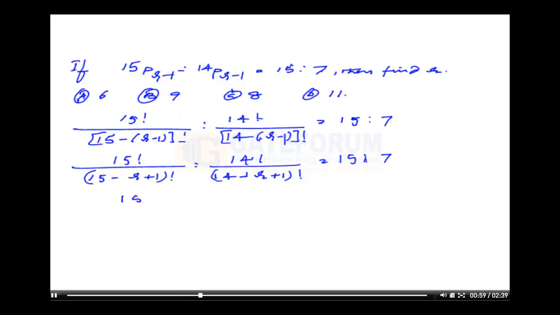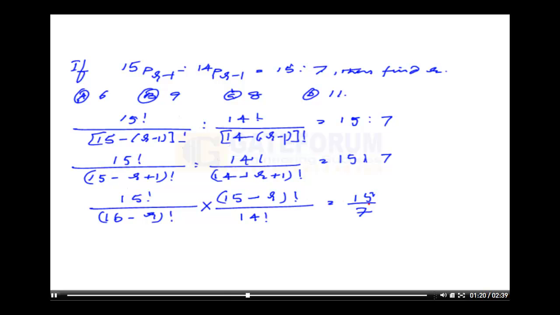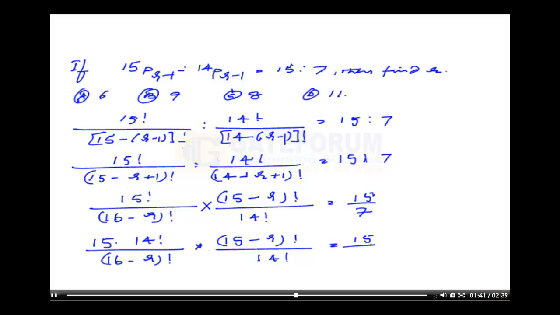Simplifying them, taking reciprocal, 15 into 14 factorial by 16 minus r factorial, 15 minus r factorial by 14 factorial equal to 15 by 7.